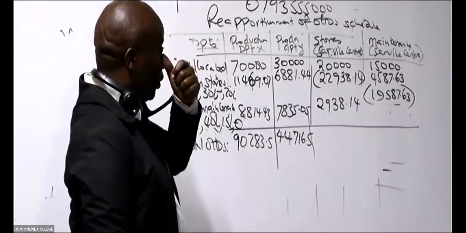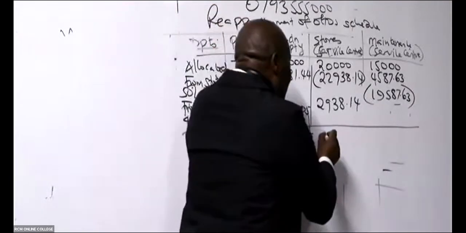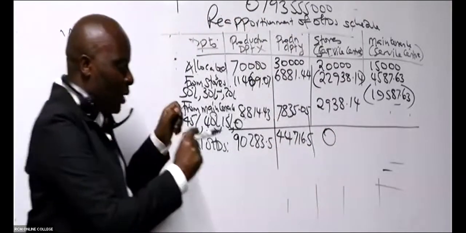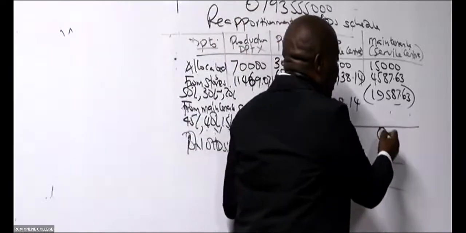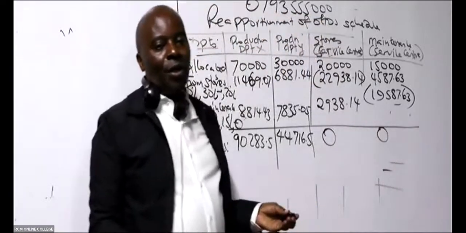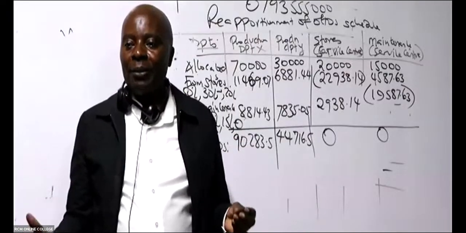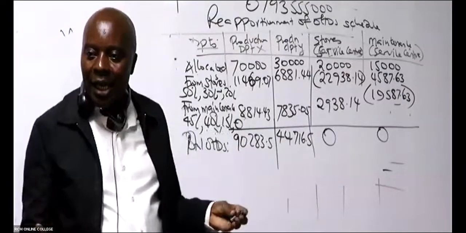Now from there we go to the store. If you get anything else other than a 0, you are wrong. This should be 0, and this one should be what here, somebody? 0. Because that is the essence of service departments. These are support departments. They shall never carry any costs.